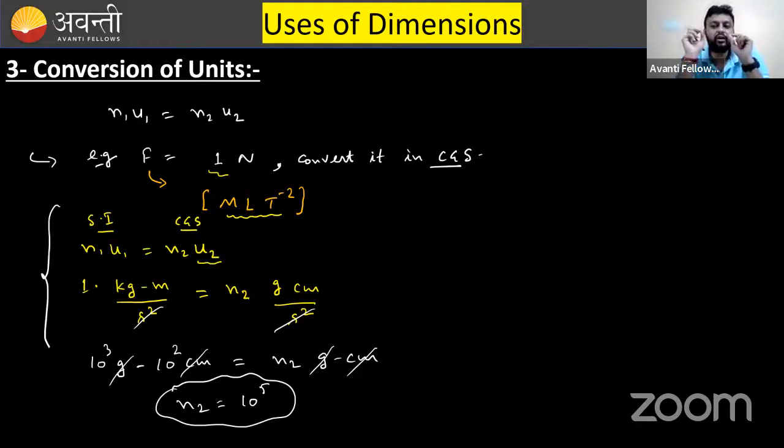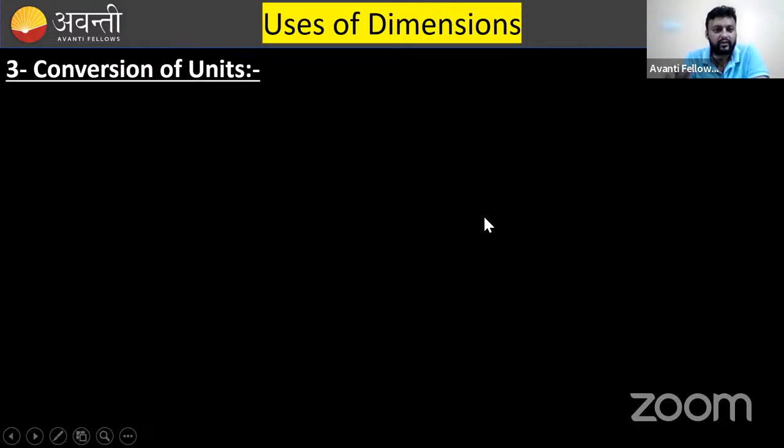First of all, write the dimension, then N1, U1, N2, U2, convert it, put the values in the respective units and solve it. Things will be cancelled out. Clear, I think. Try to note down the things. Is there any doubt in this particular section? Clear? Okay, moving further.